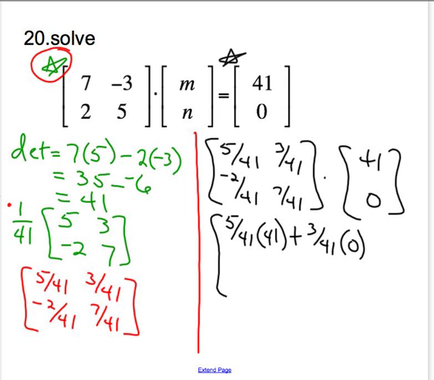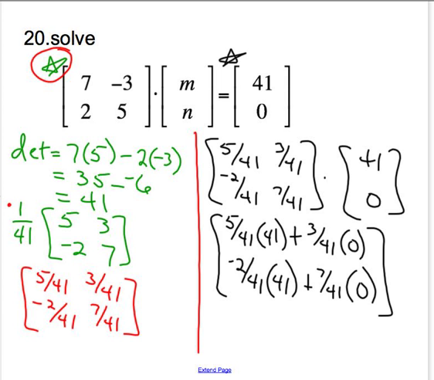And then row 2 times column 1, negative 2 41sts times 41 plus 7 41sts times 0. I do my multiplying and my adding. What do I end up with? I end up with a matrix with 5 as row 1, column 1, and negative 2 as row 2, column 1.